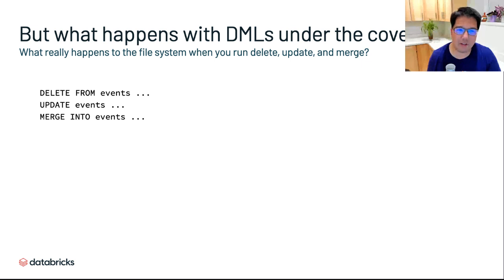All right, but one of the more common questions you're going to ask is, well, great, I've got these DMLs, but what's really happening on the covers? After all, I just mentioned that for a delete, you really have to do all these other steps, right? You're going to have to grab all the data that you don't want deleted. In other words, you're basically excluding the data you want to delete, but grabbing all the other data. Then you're going to need to write it down. You're going to delete the original table, actually remove it, and so forth, right?